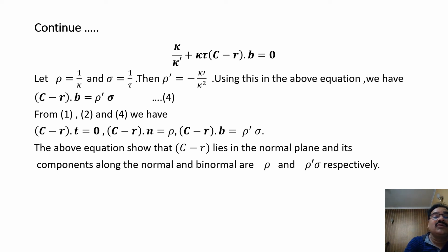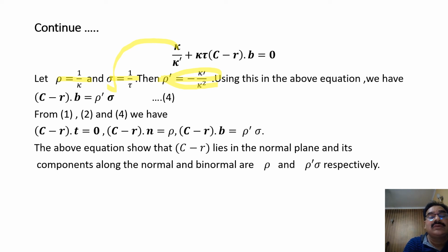So let rho is equal to 1 by k, sigma is equal to 1 by tau, that is also a known result. Then rho dash you may write as minus k dash divided by k square. Using this in the above equation, we may rewrite it as c minus r dot b is equal to rho dash sigma. This is equation number 4.